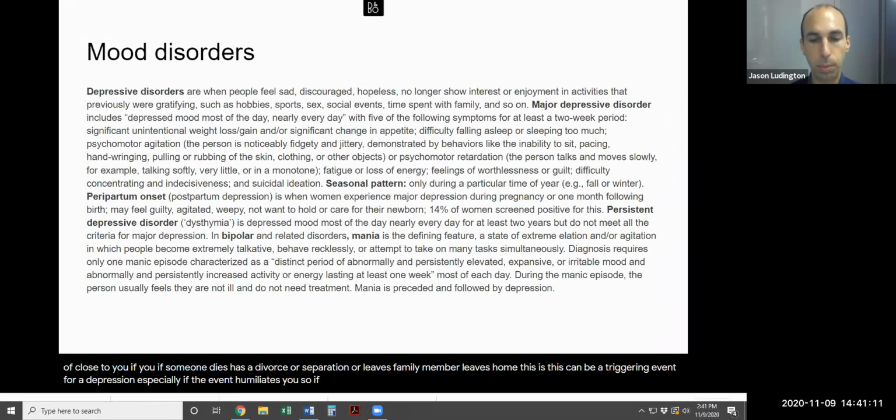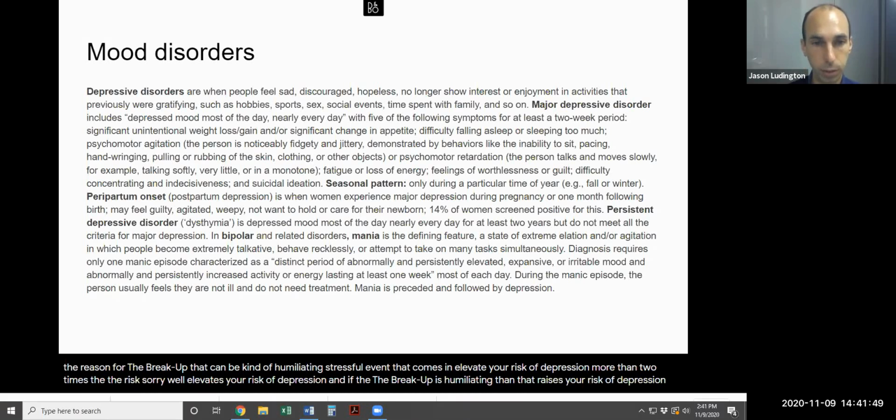So if you have a breakup and the boyfriend or girlfriend blames you for the reason for the breakup, that can be a kind of humiliating, stressful event that can elevate your risk of depression more than 2 times the risk. It elevates your risk of depression, and if the breakup is humiliating, then that raises your risk of depression even worse.